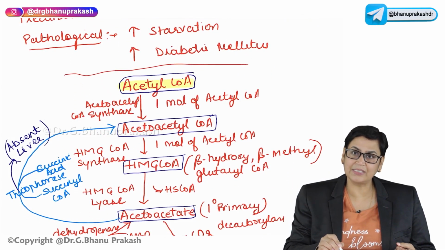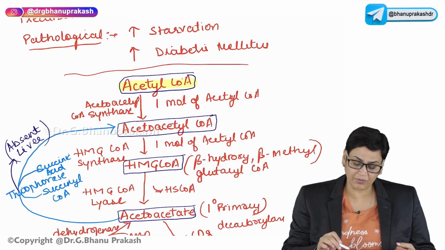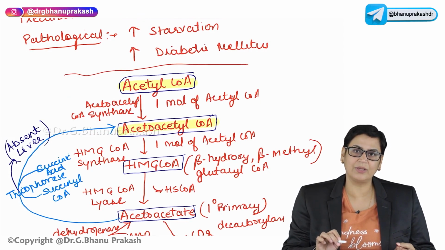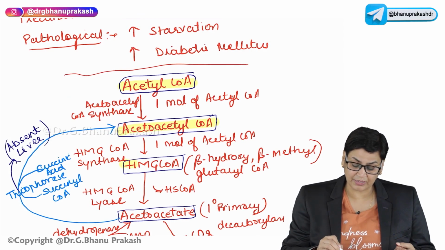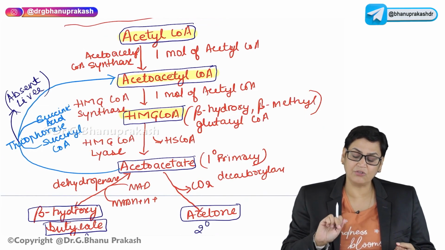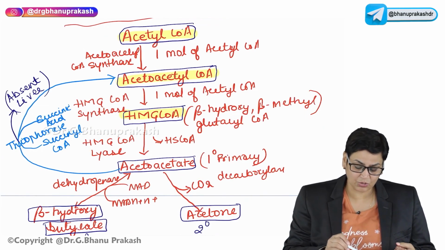This acetyl coenzyme A combines with one molecule of acetyl coenzyme A forming acetoacetyl-CoA, which combines with one more molecule of acetyl coenzyme A forming HMG-CoA, which stands for beta-hydroxy-beta-methyl-glutaryl-CoA, which undergoes splitting. So this HMG-CoA is the most important.